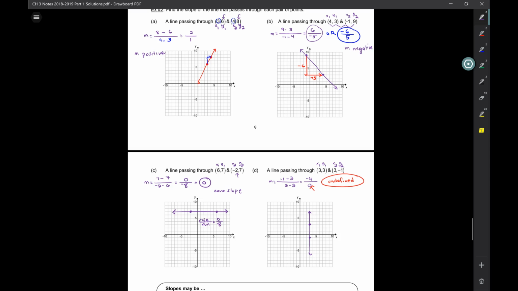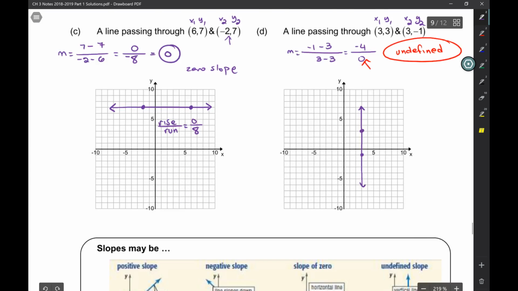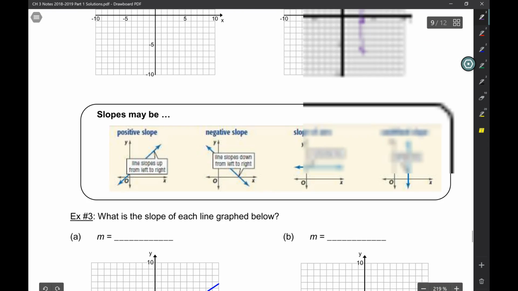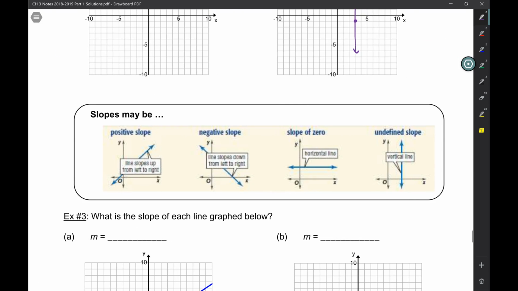So now let's put it together in this box here. There are 4 possibilities. You can have positive slope, and the line is rising, right? It's sloping up. You can get negative slope, and the line is going down from left to right.